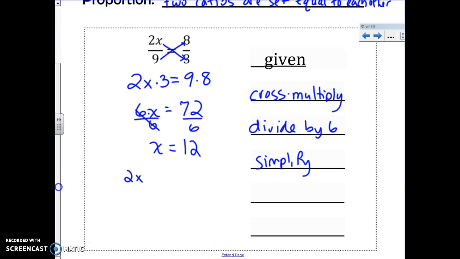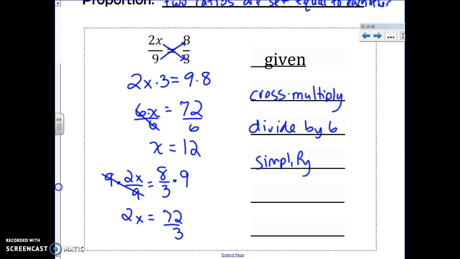Another way to do this one, just in case you really didn't like cross-multiplying, is called clearing the denominator, which we might use in different examples. First I'm going to multiply both sides by 9. Then I get 2x equals 8 times 9, which is 72, over 3, because that 3 is still in the bottom.